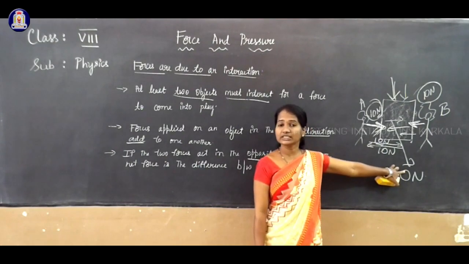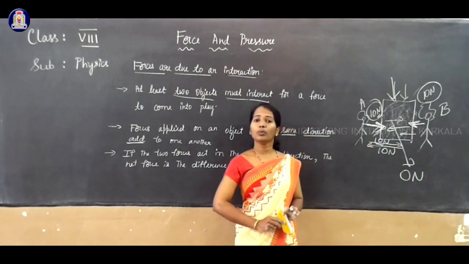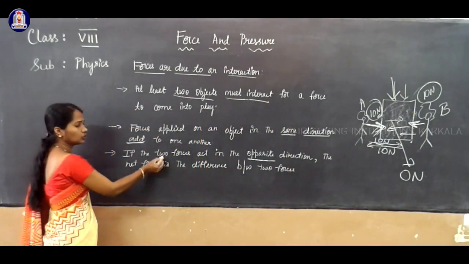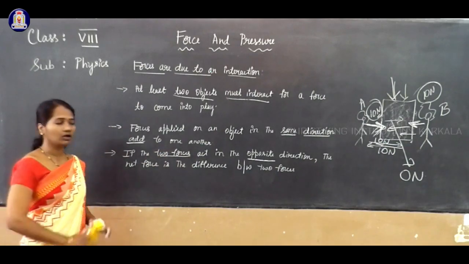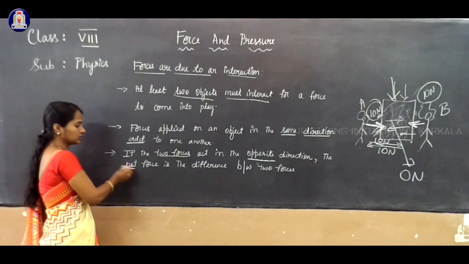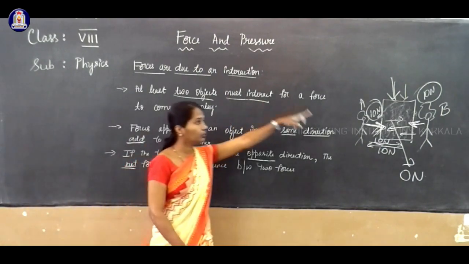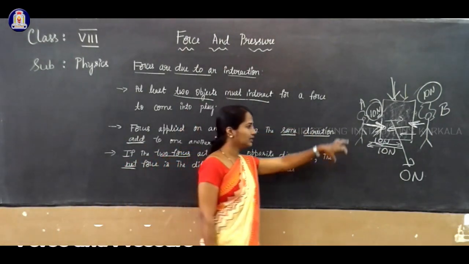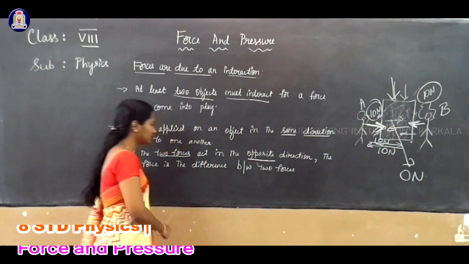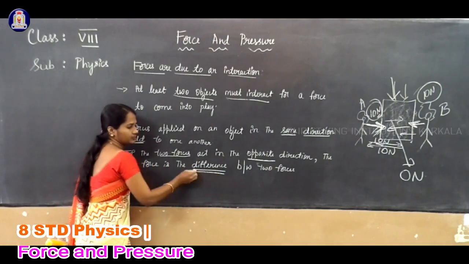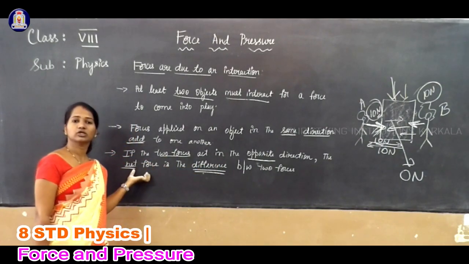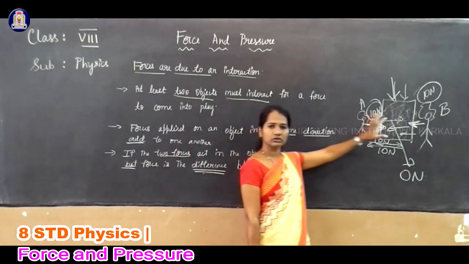When two forces act in the opposite direction, to find the net force acting on the object, we have to take the difference. The difference between the two forces gives the net force acting on the box.